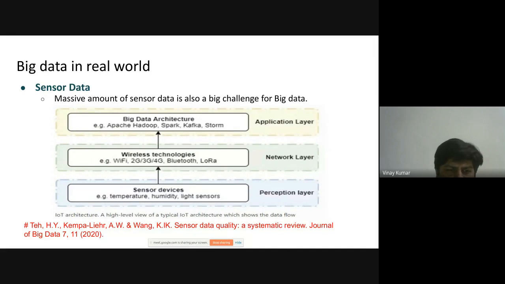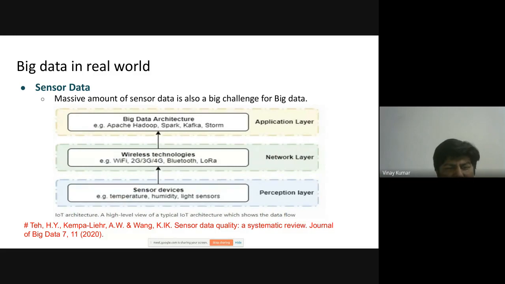So the readings are then transmitted through the network layer, which determines the routes to send the sensor data and is implemented using various wireless technologies, such as Wi-Fi, 2G, 3G, 4G, Bluetooth, and long-range wireless technology.